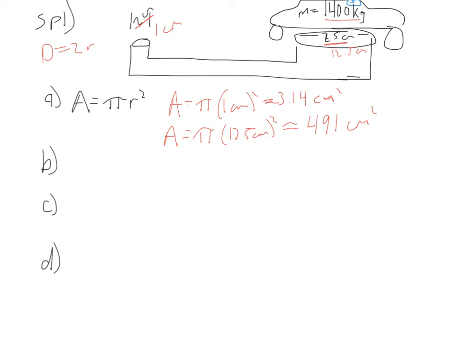All right, part B asks for the ratio of area of the load piston to the input piston. So a ratio is like a fraction, so ratio is going to equal the area of the load piston, which is 491 centimeters squared, divided by the area of the input piston, which is 3.14 centimeters squared.